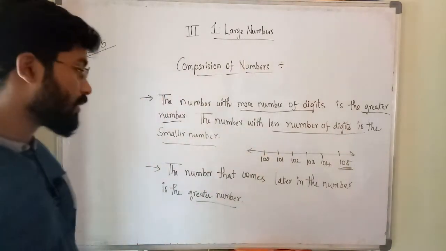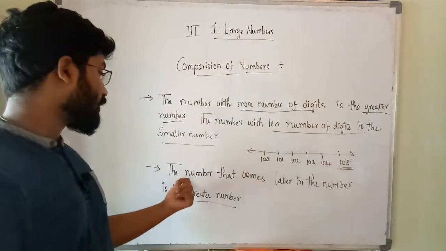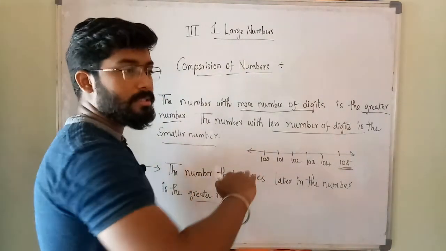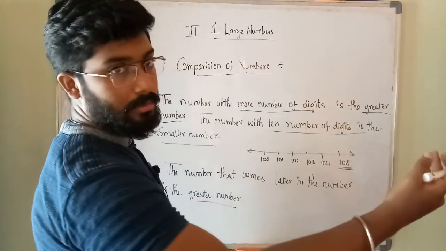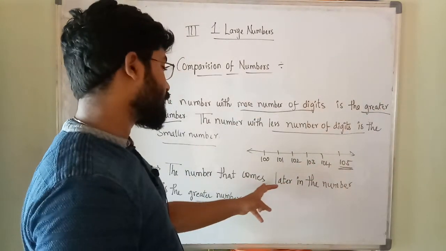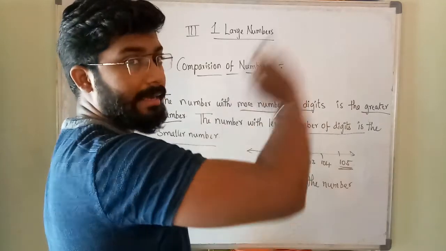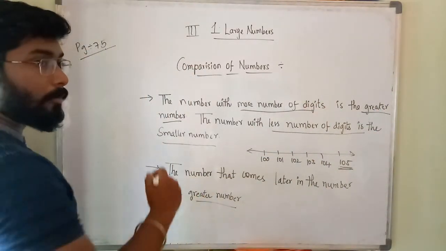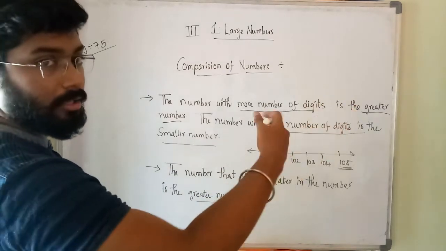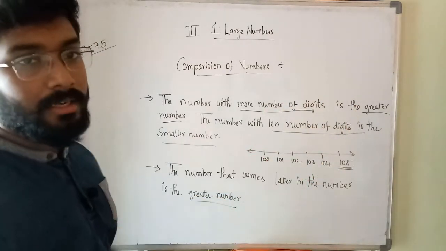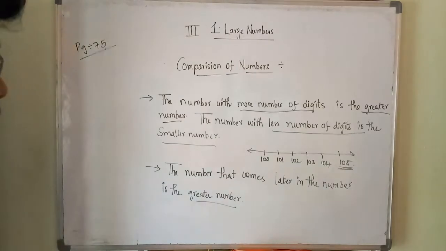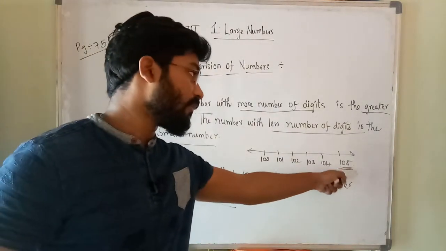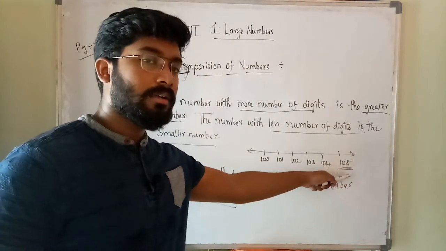So last means later. Okay, the number that comes later means after, means it is the number which comes in the ending of the number line is the greater number. How far away it is on the number line, that much greater it is. Okay, so that's what he is telling. So among the 6 numbers, 105 is greater, no?